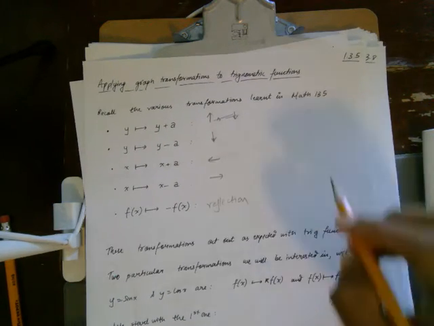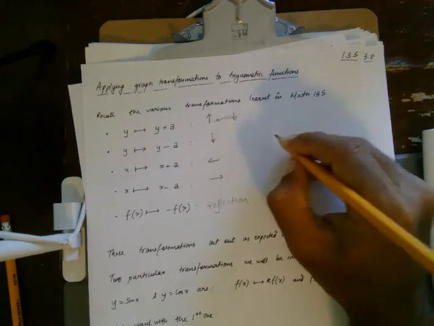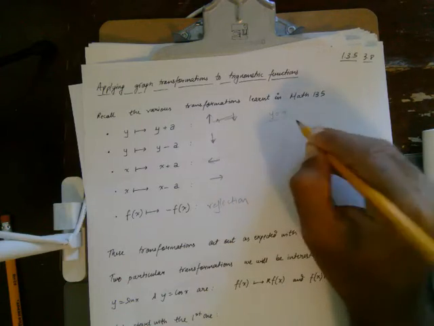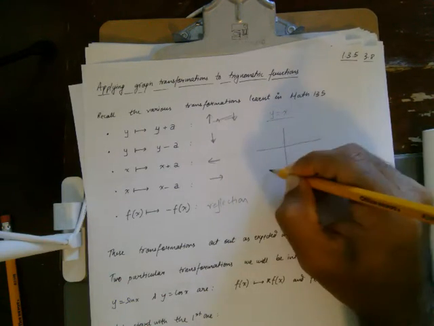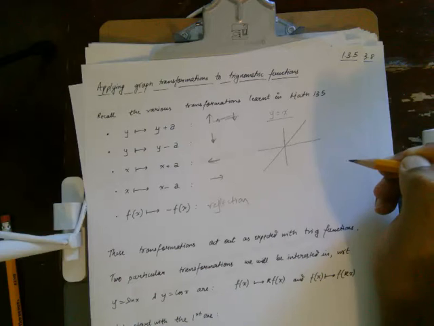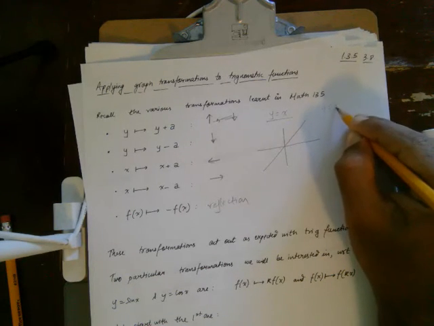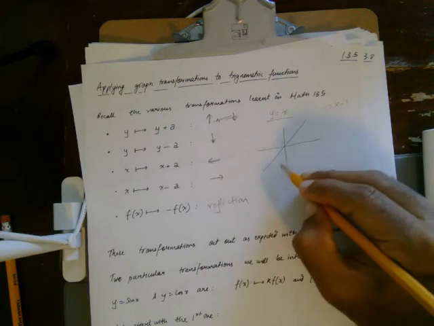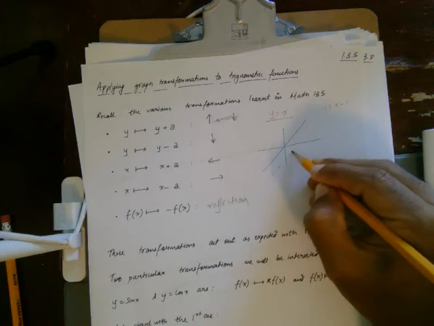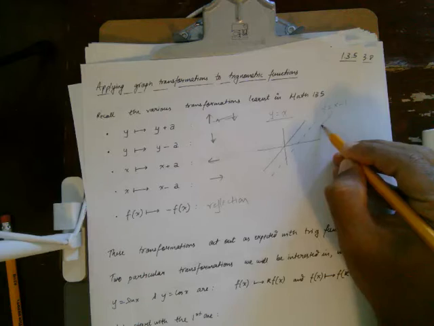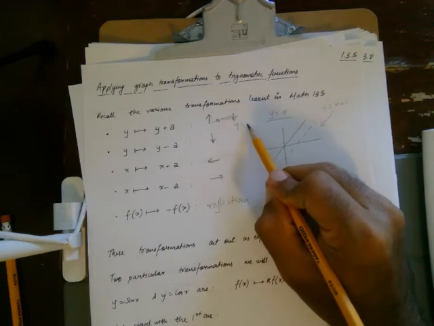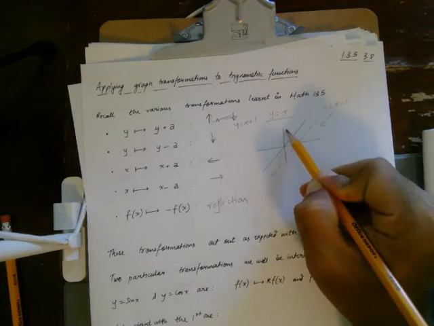Right. Now, the simplest way to look at that is, let's say you consider y equals x. That's a line that goes through the origin. Now, if I change this to y equals x minus 1, this would move to the right. If I change it to y equals x plus 1, it moves to the left.